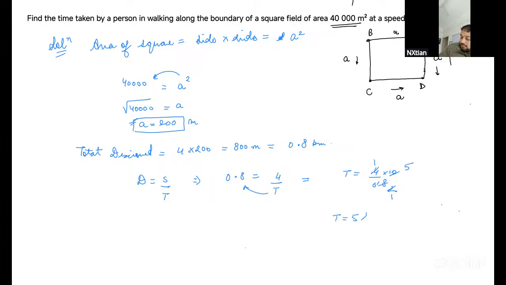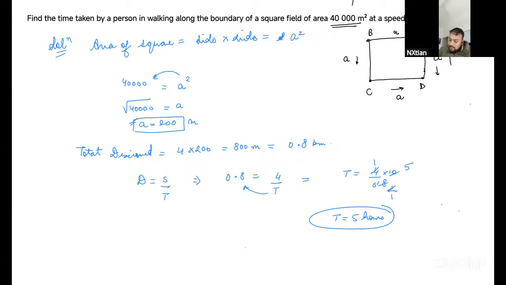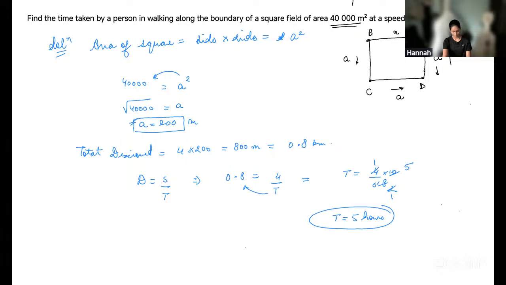It is too slow, no? 5 hours. I also got the same answer, but the book says 12 minutes. If I calculate backwards, the answer is right, but if I use the distance and speed formula, it's coming wrong. I did speed equals distance upon time, and when I did that, even I got 5 hours.